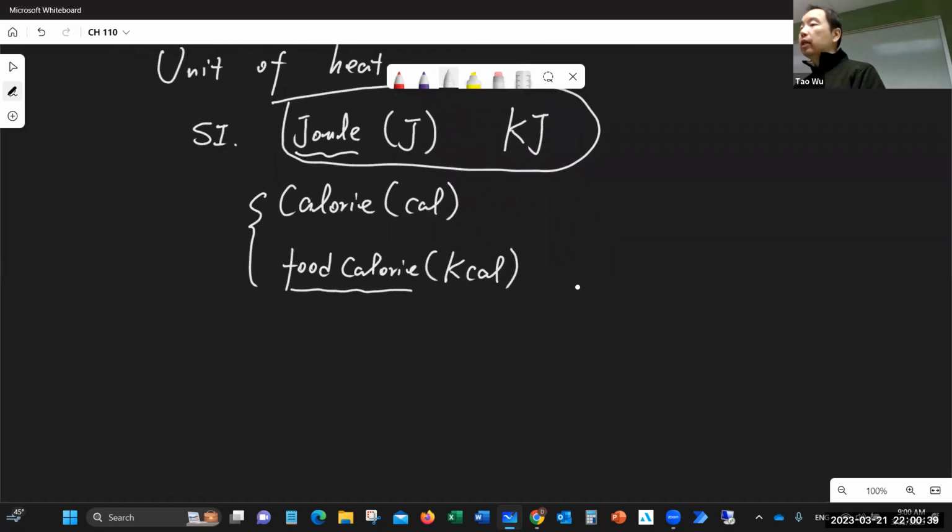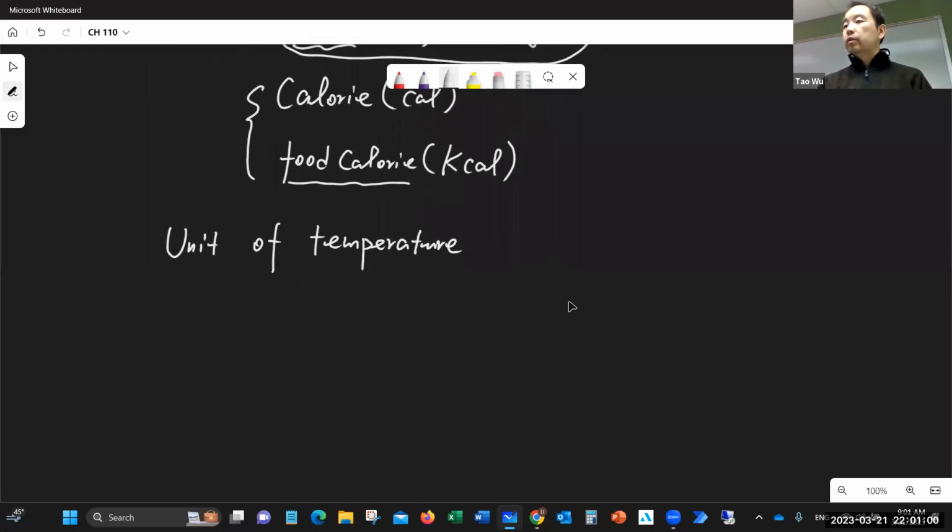The next one is the unit of temperature. I probably didn't talk about it in the first unit, and we're going to talk about the unit of temperature here. There are several units we're going to touch on.